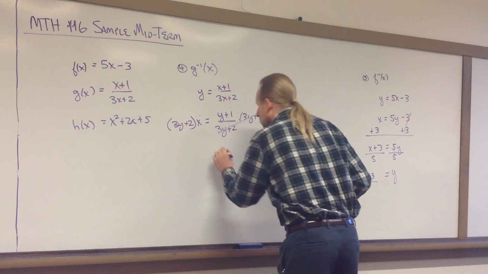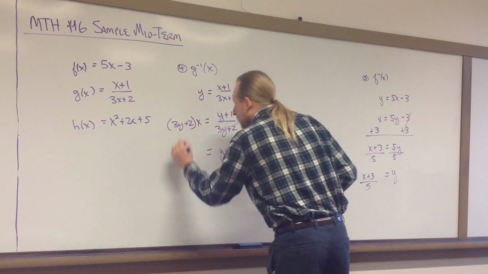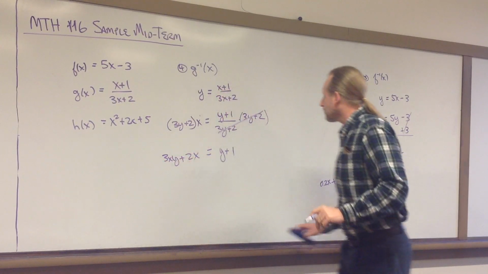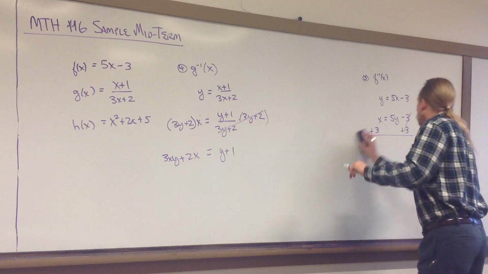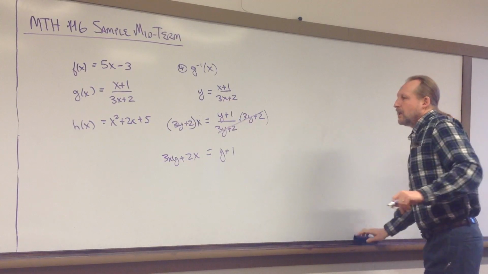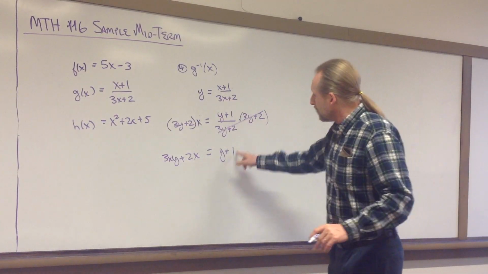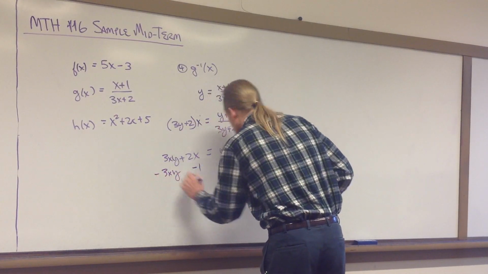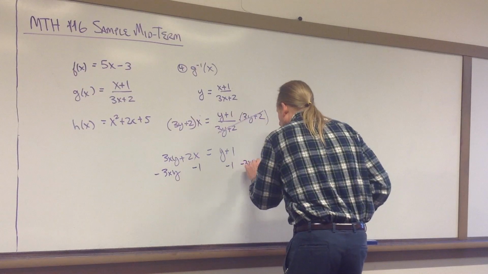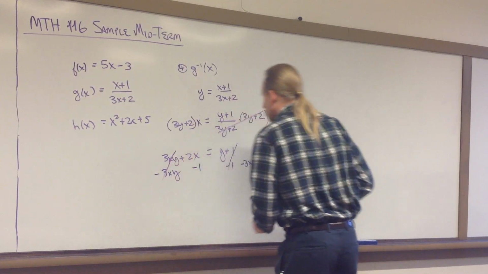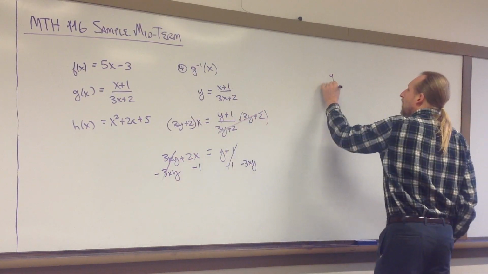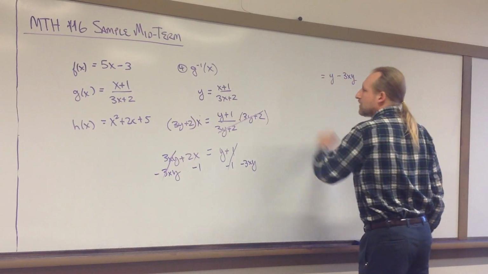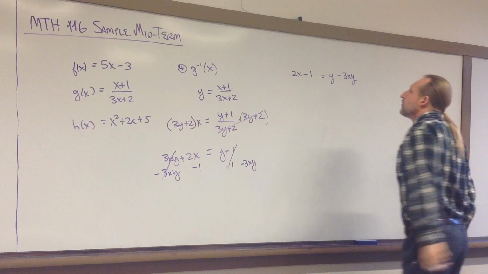So those cancel out. Over here, 3xy plus 2x. And now we want to collect the y's together. I'll move the 1 over here, and I'll move this 3xy over here. So what do we get? We get y minus 3xy equals 2x minus 1.